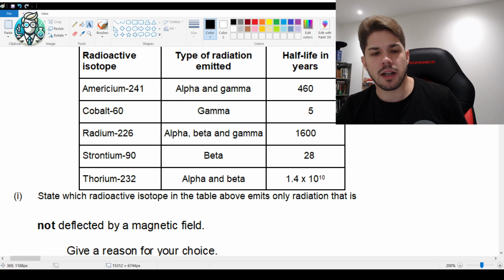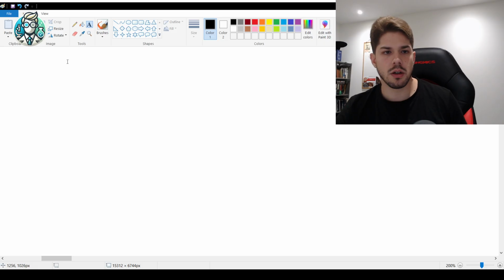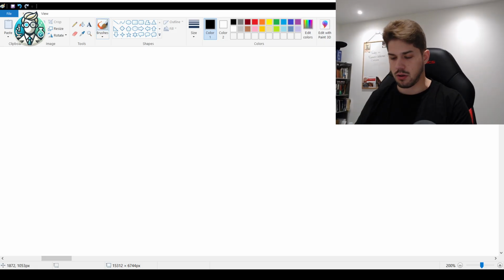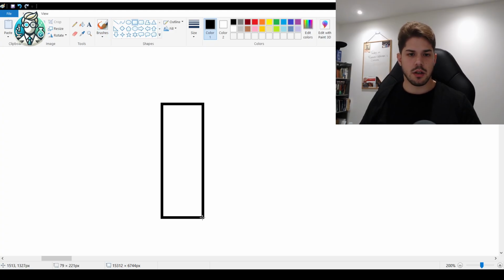State which radioactive isotope in the table above emits only radiation that is not deflected by a magnetic field. Give a reason for your choice. Okay, let's stop here 1 second and let's draw a magnet. If you remember, a magnet, let's say a bar magnet, like this.